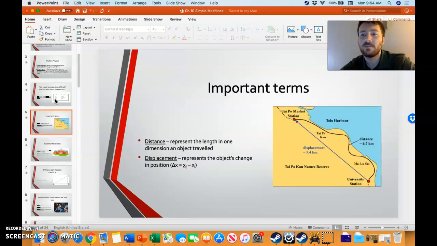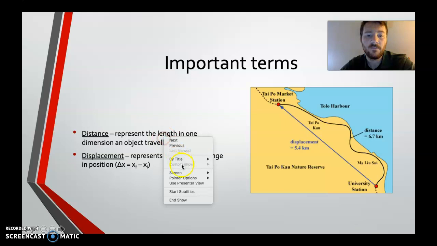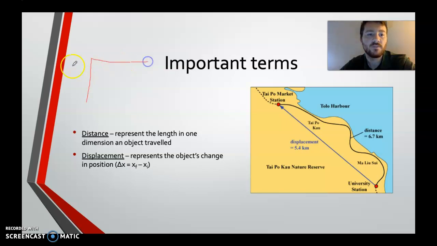Distance and displacement, remember distance, you add them all up. Displacement, you get the change in position. So for instance, Bob travels 4 meters to the north and then 3 meters to the east. His distance traveled would be 7 meters.